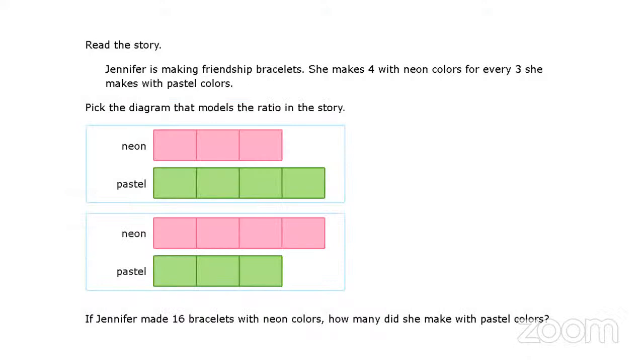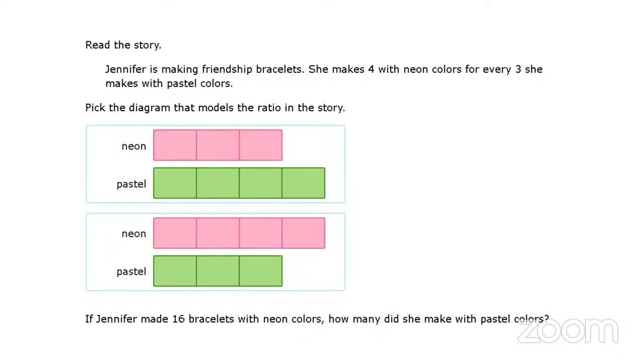All right, so the first question is, Jennifer is making friendship bracelets. She makes 4 with neon colors for every 3 she makes with pastel colors. Now we're going to pick the diagram that models this ratio story, as well as try to answer this question. If Jennifer made 16 bracelets with neon colors, how many did she make with pastel colors?